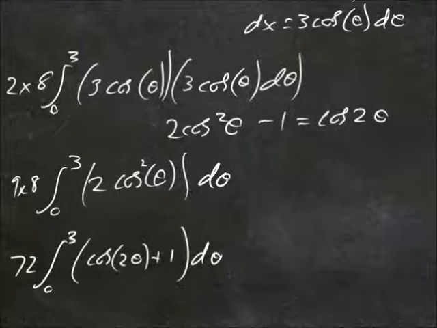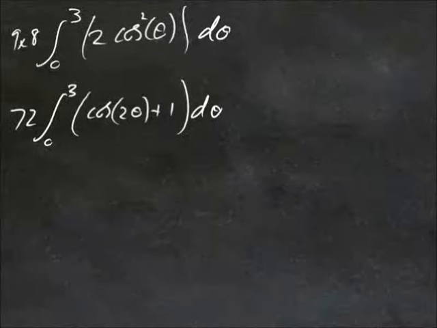Move the page down. So now we can integrate this. So we know we can do it in 2 separate parts because we've got the cos 2 theta and the 1.